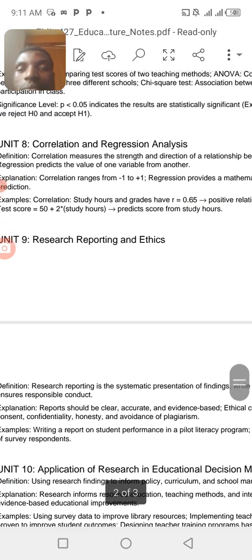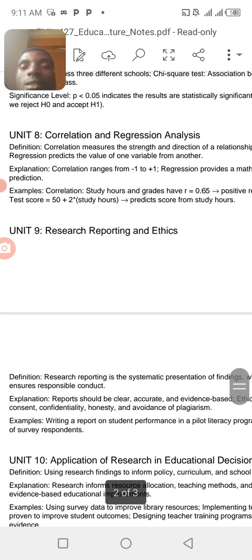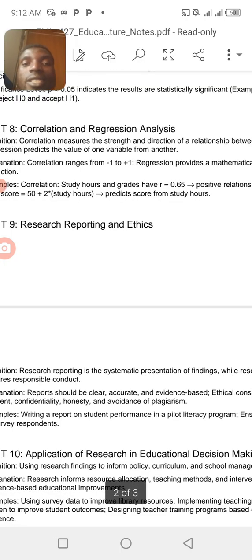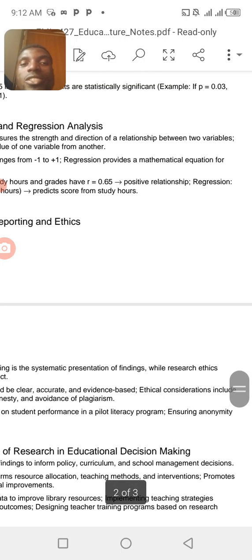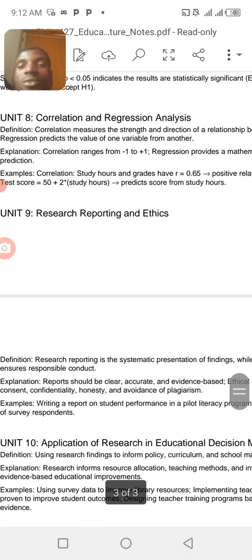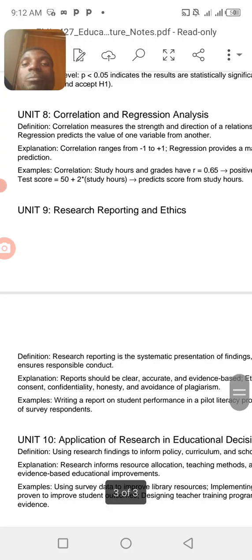Unit 8, we're going to talk about correlation and regression analysis. Correlation means you measure the strength and direction of a relationship between two variables. Regression predicts the value of one variable from another.